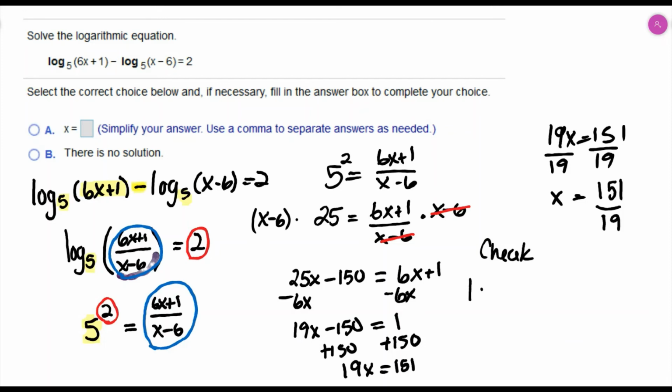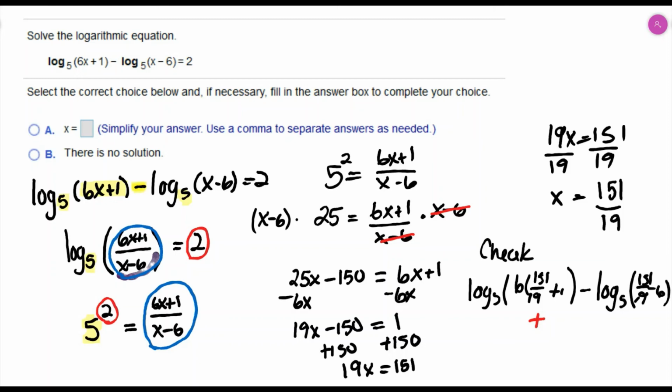We're going to check log base 5 of 6 times 151 over 19 plus 1. That's going to be positive. This is a positive times a positive. That's a positive plus a positive is a positive. All right, then we need to check the other log. Log base 5 of 151 over 19 minus 6.